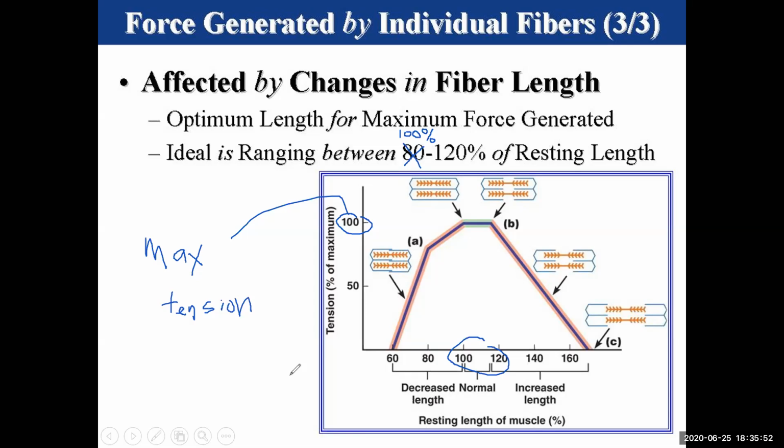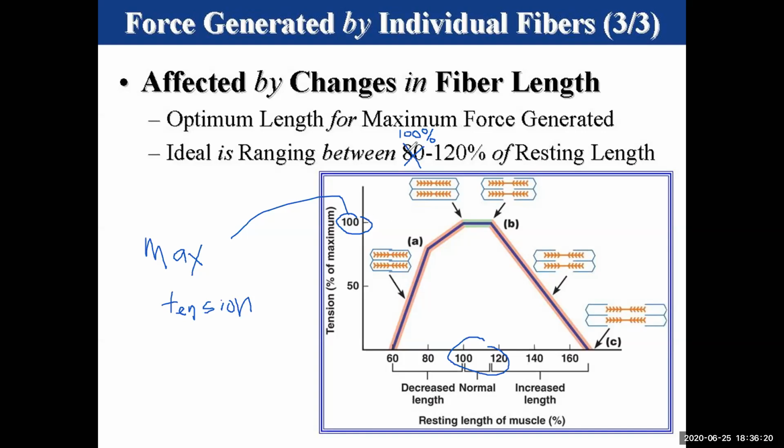So if your skeletal muscle fiber at rest, before it contracts, is anywhere from 100% of its normal resting length or slightly stretched out to 120% of its resting length, it will be able to generate maximal tension, maximal force of contraction.